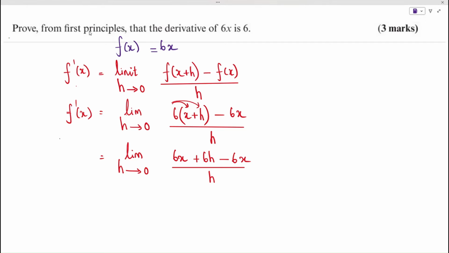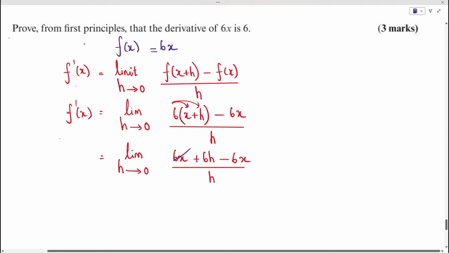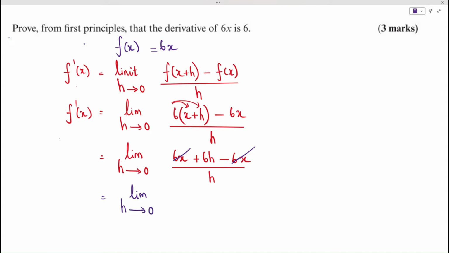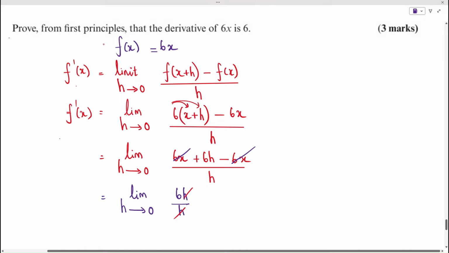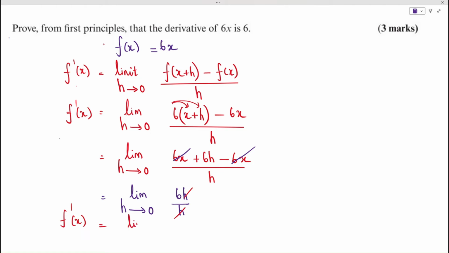Now simplifying this down, we can cancel out our 6x's. So we're left with lim, as h tends to 0, 6h over h. And now we can divide h out of the equation. So we can cancel out our h's, and we're left with f prime of x is equal to lim, as h tends to 0, of 6.